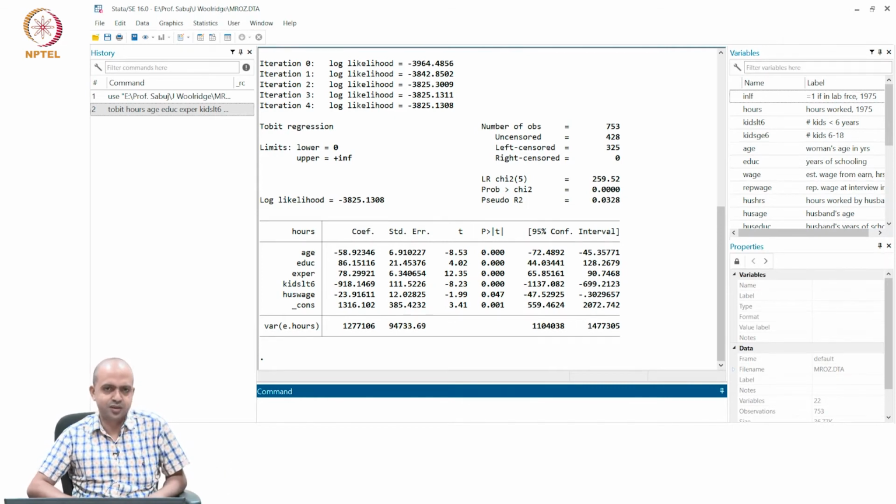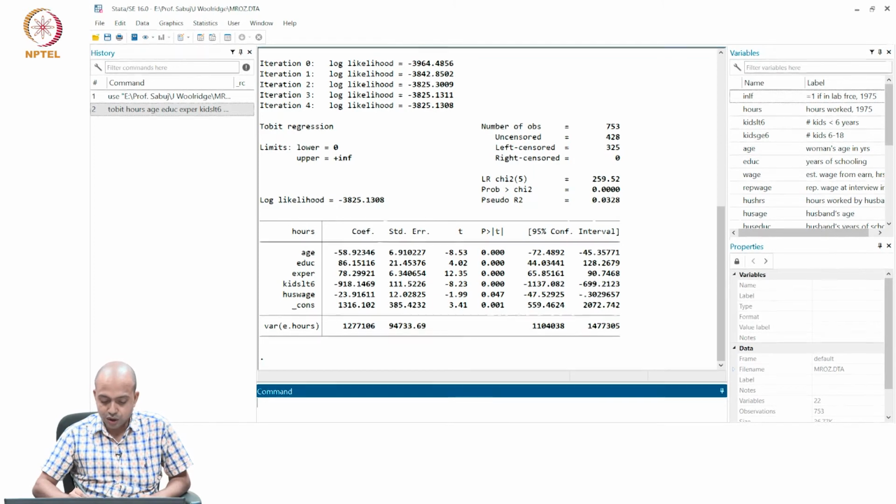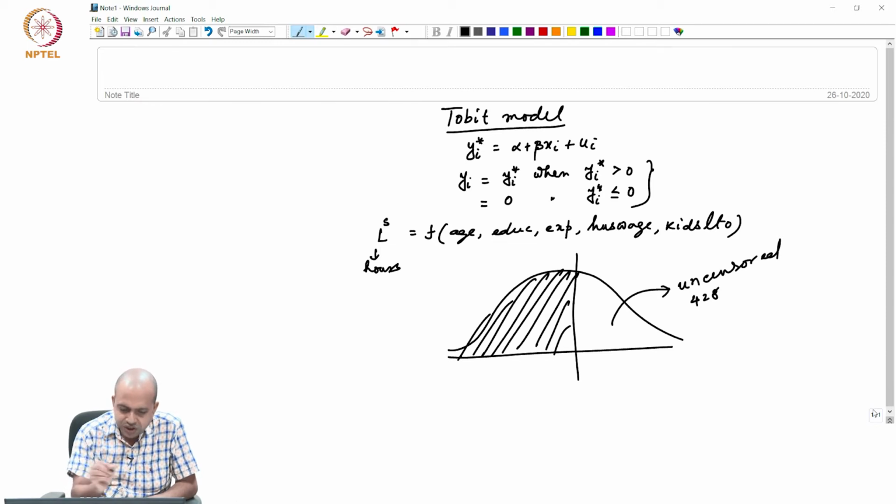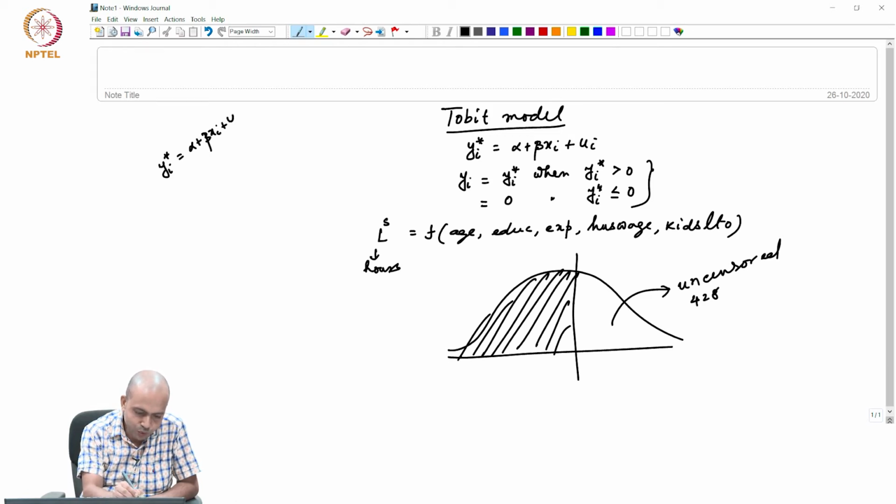Why is this so? Because these coefficients look exactly like your OLS estimates, but still we cannot use them as marginal effects. Let us see why we cannot interpret the coefficients directly as marginal effects in the Tobit model. We say that yi star equals alpha plus beta xi plus ui.